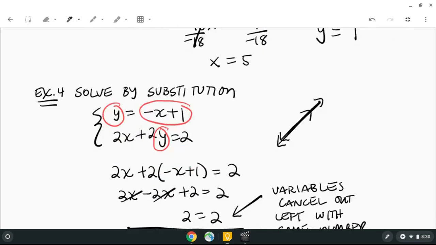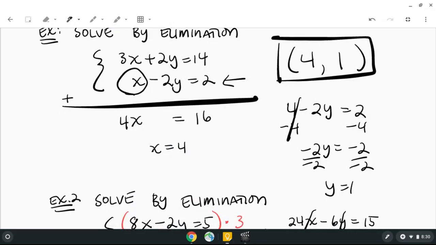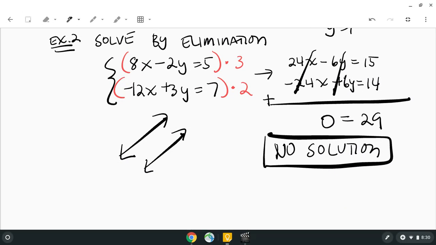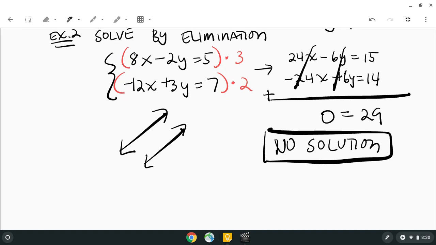Let's go ahead. Here's the elimination method. I'm going to do another one with fractions because even though it's all the same, I think some students get tripped up with fractions. All right, so let's take a look at this. Solve by elimination.